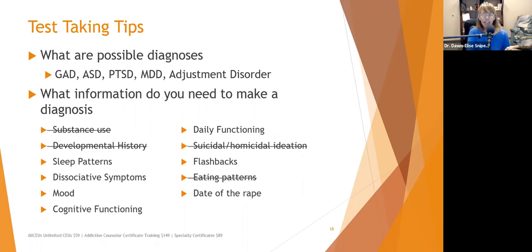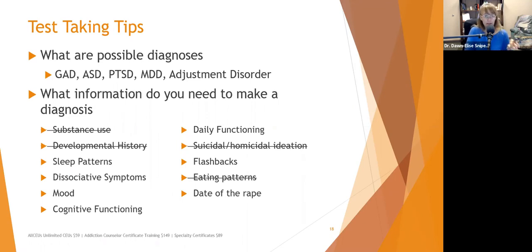You want to know her daily functioning, her cognitive functioning, to get an idea about how clearly she's thinking through things and how much this trauma is impacting her, including how well she's able to concentrate, and if she's having negative perceptions. That's one of those criteria in there for PTSD.